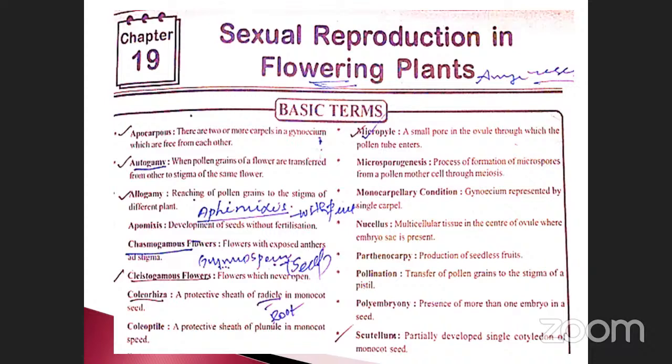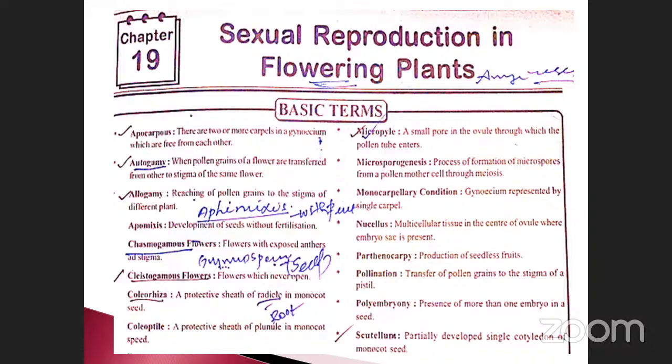Okay. Next one is clistogamous flowers. Clistogamous is nothing but the normal angiosperm flowers, the flowers which never open. Such type of flower is called clistogamous flower. These two are asked so many times. Once again, cosmogamous flowers are exposed to the sunlight, the atmosphere, both anther as well as the stigma.